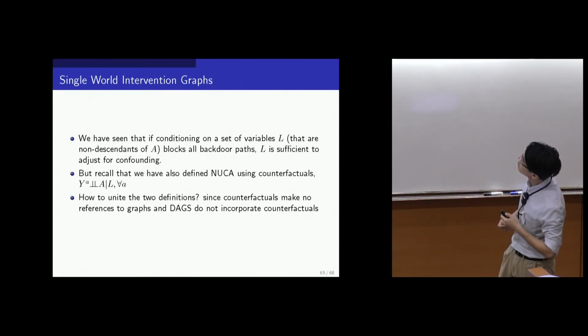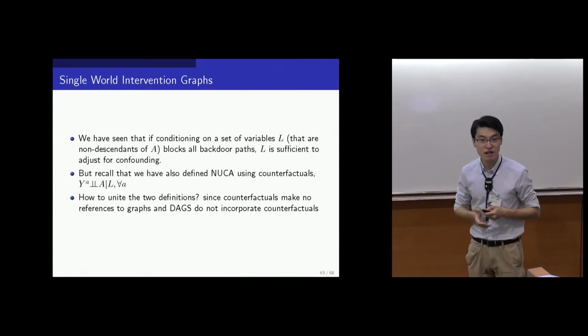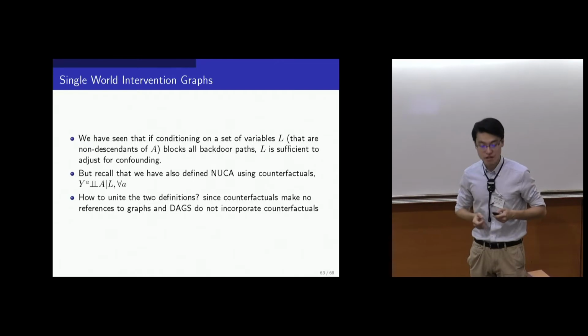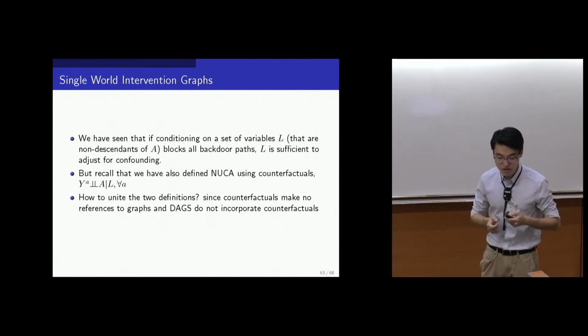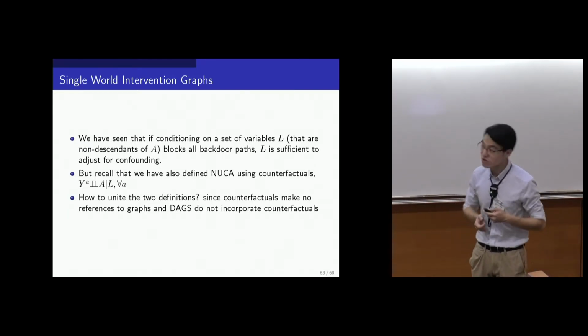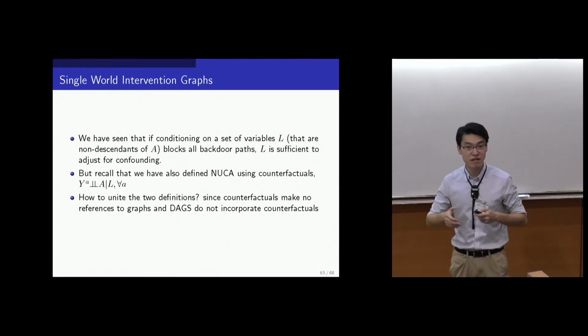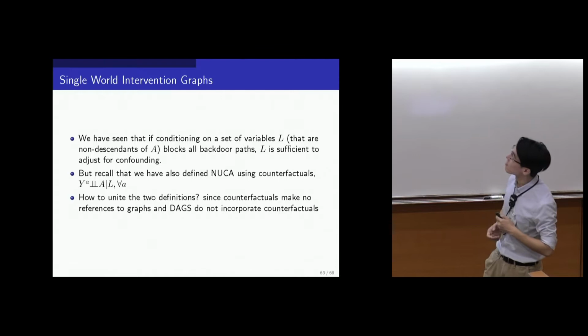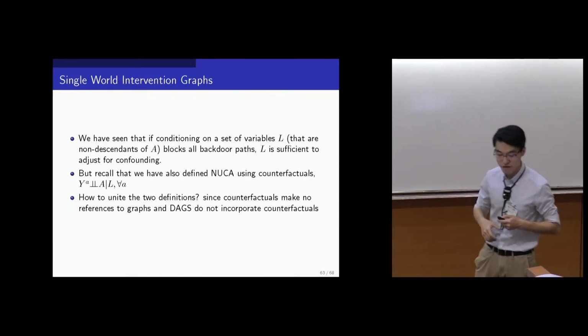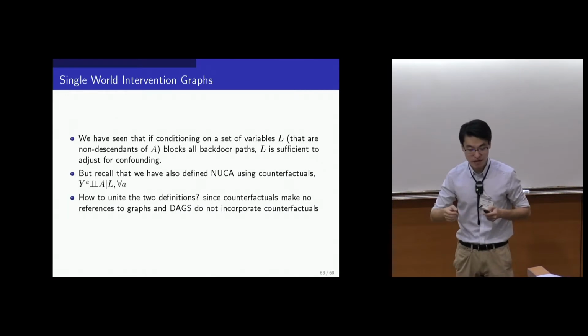Still fresh in everyone's mind, we have the treatment is independent of the potential outcome given a set of covariates. In randomized trials, of course, we know what these covariates are. In observational studies, we make the assumption that essentially conditioning on these covariates, we have sort of a randomized study by nature.